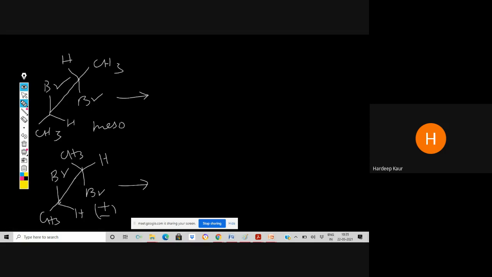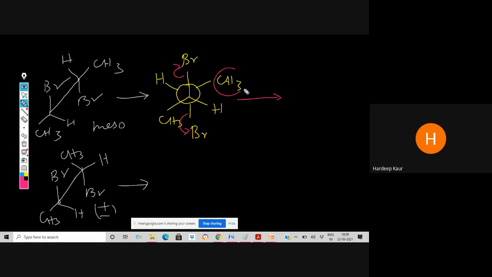So if we draw the Newman projection formula here, the first carbon has H, CH3, Br here. The second carbon has methyl, the back one H, and Br. On elimination, it has to be anti. So this Br from here and this from here. So as elimination occurs, this results in the formation of a product in which two methyls are anti to each other.